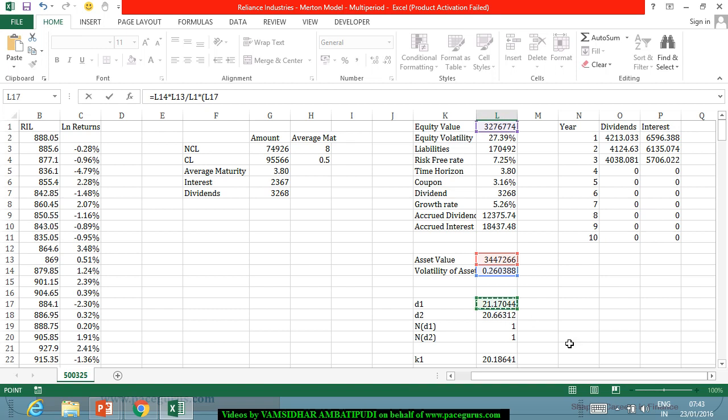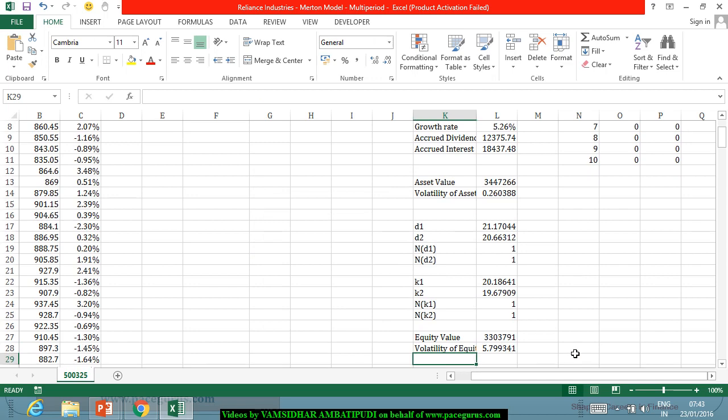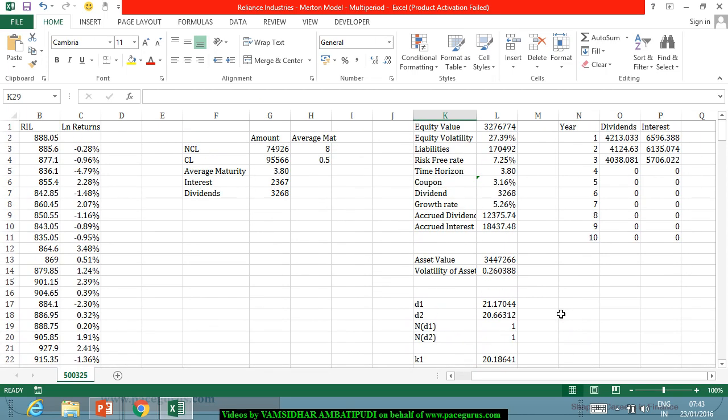I'm just simplifying the stuff, plus D by D plus I times 1 minus NK1. So this is what is typically working out to my volatility of the equity. Here my equity volatility is this much.